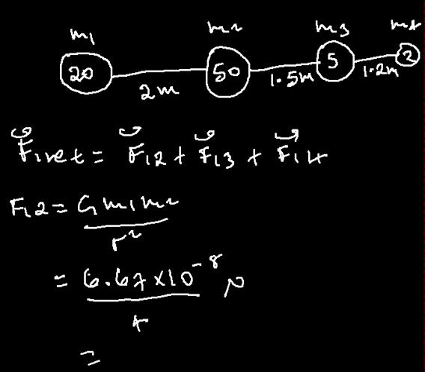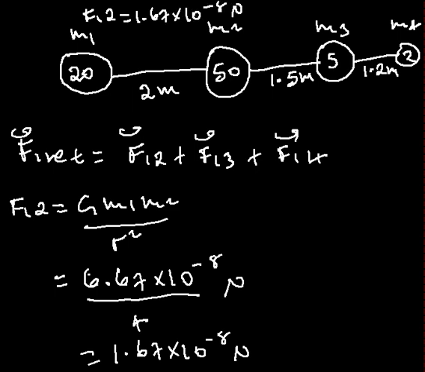So divided by 4, that will be given as 1.67 times 10 to the power negative 8 newtons. So that is the force F12. I'll keep it here.